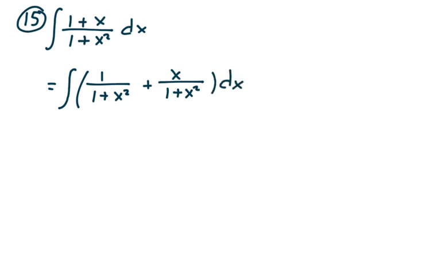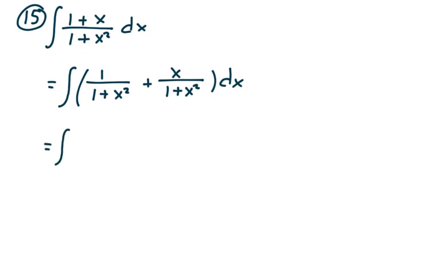And so I can split it even further and get the integral of 1 over 1 plus x squared dx plus the integral of x over 1 plus x squared dx.